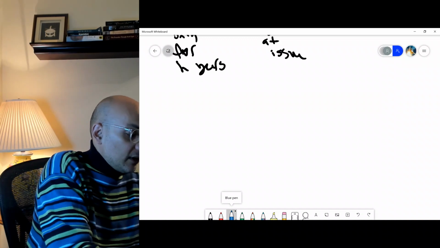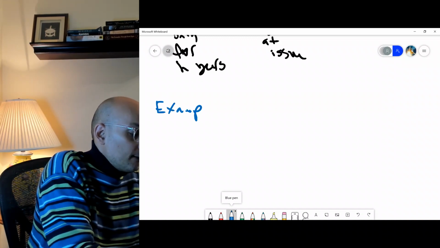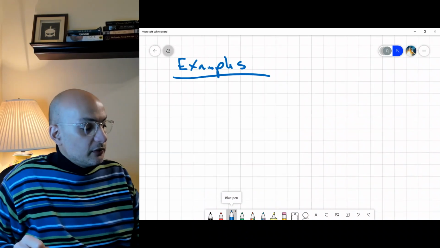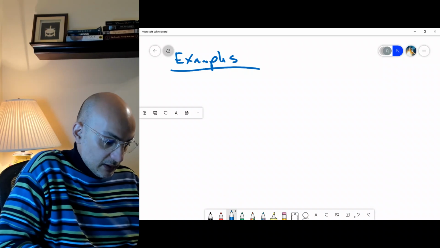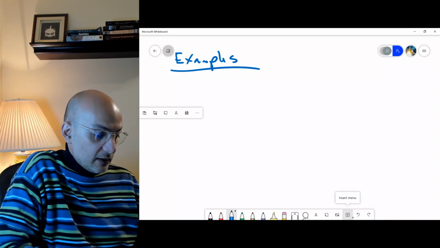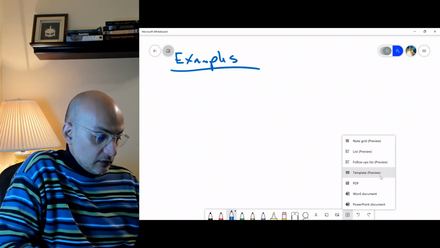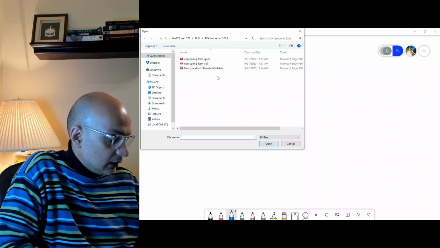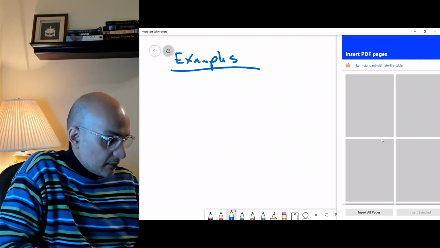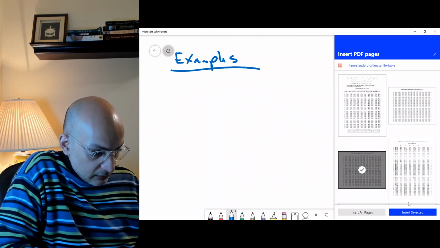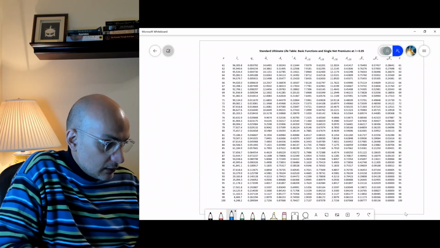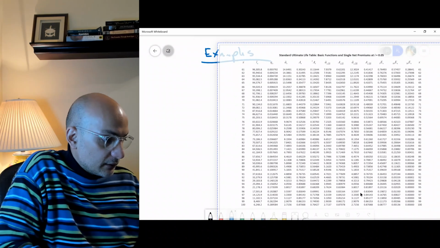It's important to take a few examples here. For these examples, let's use the life table. Let's take the PDF here. Hopefully this is the correct one. Yes, this is the correct one.